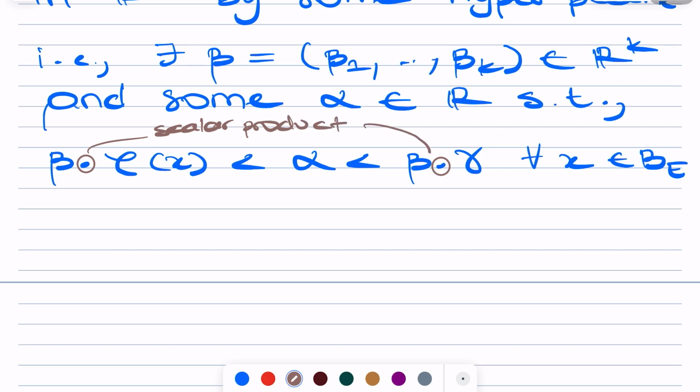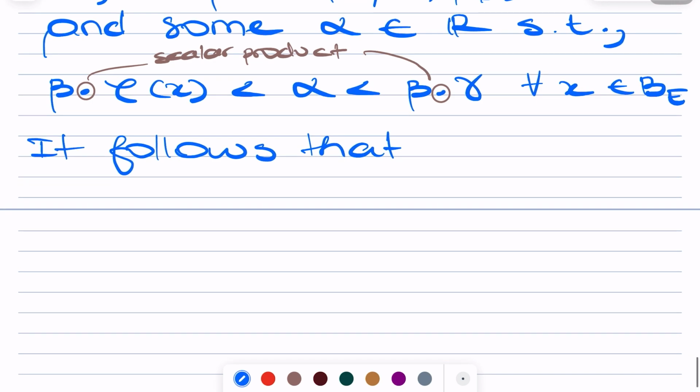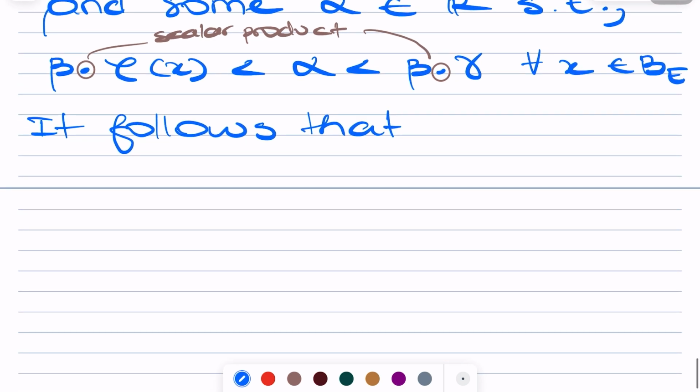So it follows, if you expand the scalar product, that this is just a computation of the scalar product of beta and phi of x. Phi of x is defined as the vector of the f_i of x.